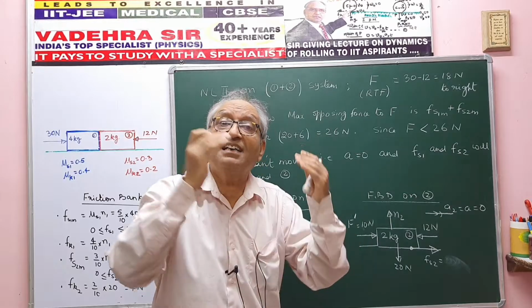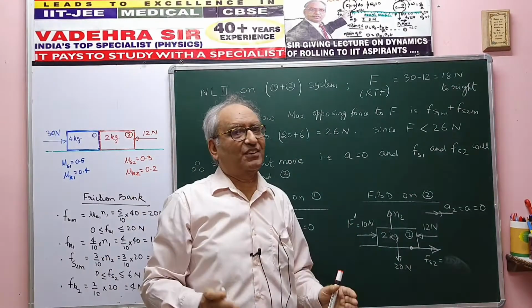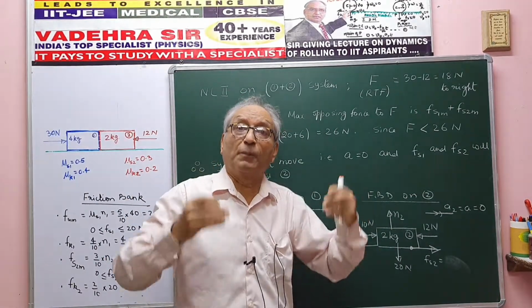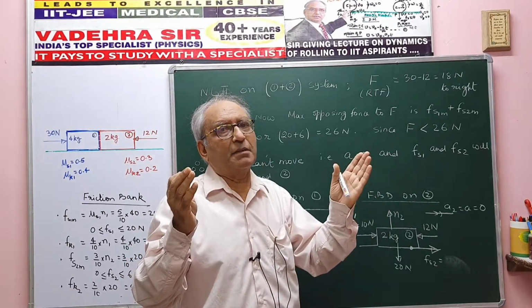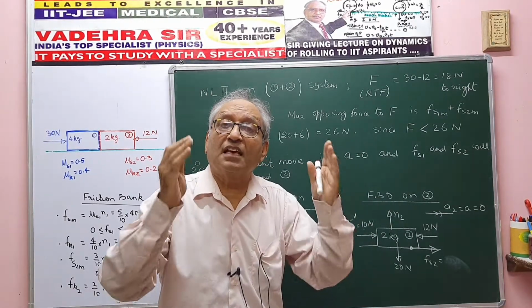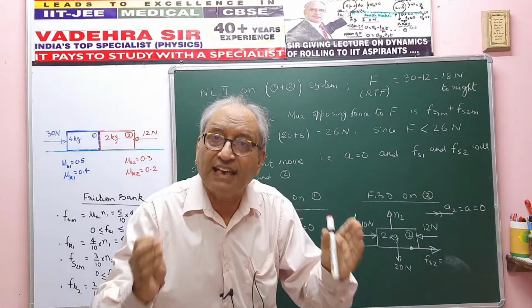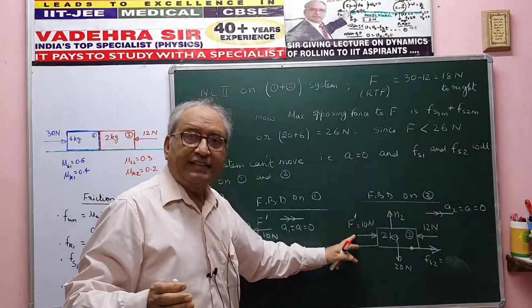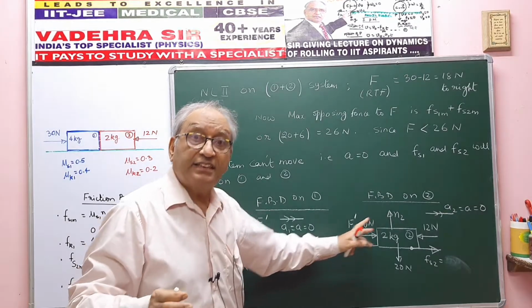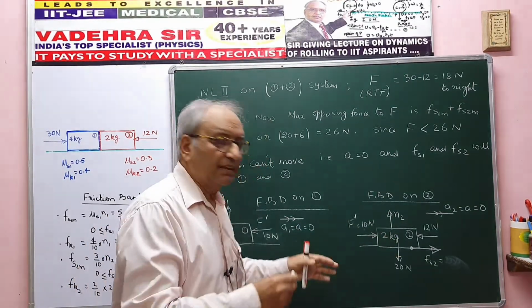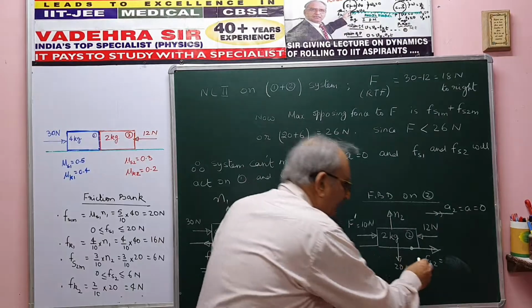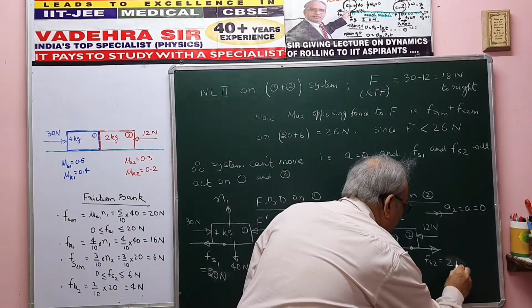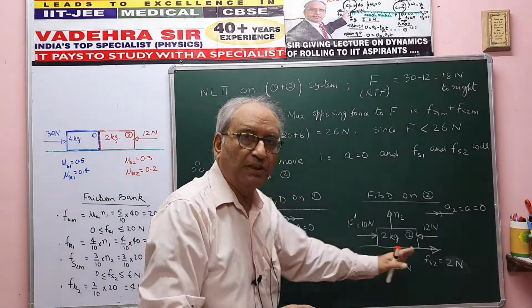It always opposes the relative motion of the point of contact. Students who think friction opposes motion have a misconception in their mind. Friction opposes the relative motion of the point of contact. So 12 Newton is already acting, contact force is 10 Newton, and the system does not move. That means the balance, the friction, will be 2 Newton, and it will be to the right.